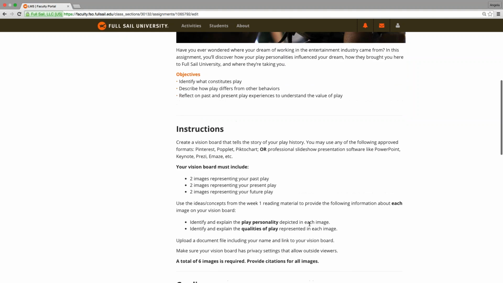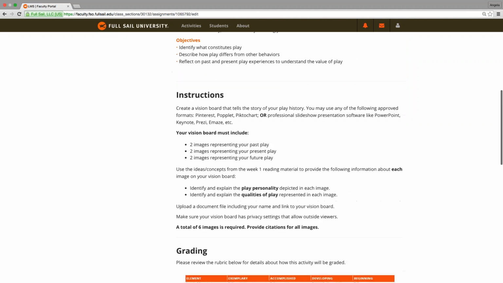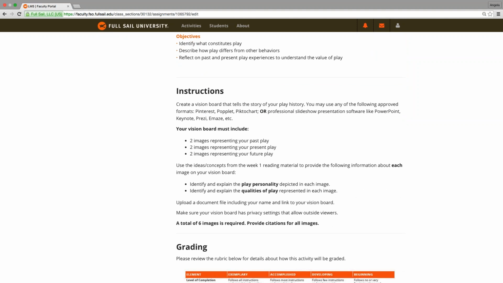And so it's kind of up to you how you want to do it. You could also use PowerPoint or Keynote or Prezi. Totally up to you. But essentially, you're going to have 8 images total. Okay, so you're going to have 2 images that represent versions of past play. You're going to have 2 images that represent versions of present play and 2 images representing what you feel like future play might be like.